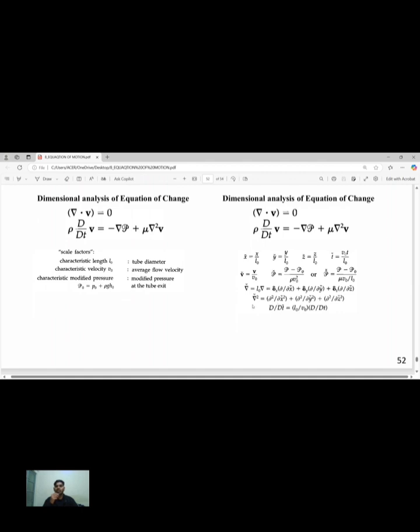Now we will see del cap is equal to L naught del, for del x, del y, del z. Here in place of del we put dou by dou x, dou by dou y, and dou by dou z for all three coordinates. So del cap is equal to L naught del, which is del x into dou by dou x cap plus del y into dou by dou y cap plus del z into dou by dou z cap.